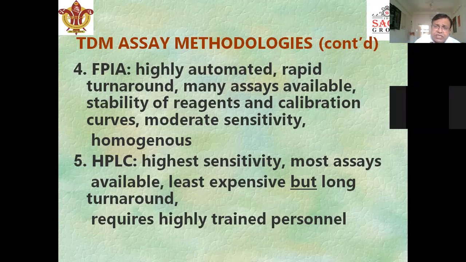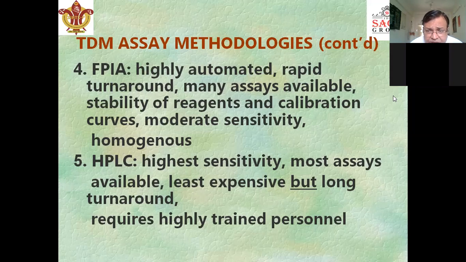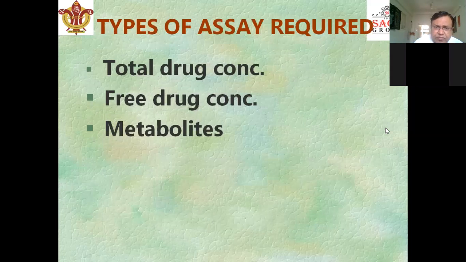Next is HPLC, which you know well. By this, we are also assessing a number of drugs. Highest sensitivity, most commonly used assay method, least expensive but long term amount. It requires highly trained personnel for the assay method.